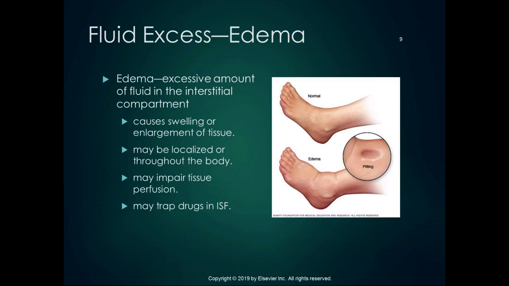Edema may be localized, like when you turn your ankle and it swells up. It may be throughout the body, like systemic edema with congestive heart failure, or immobility can cause edema. When you have edema, it's compressing all the structures in the area, and it may impair tissue perfusion.